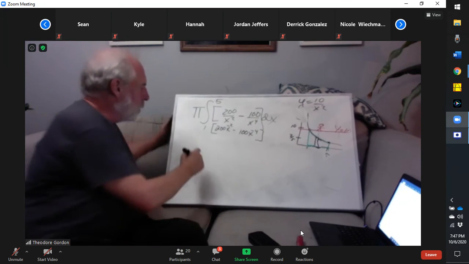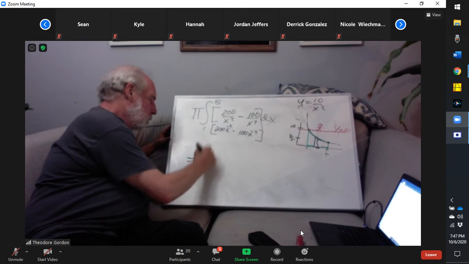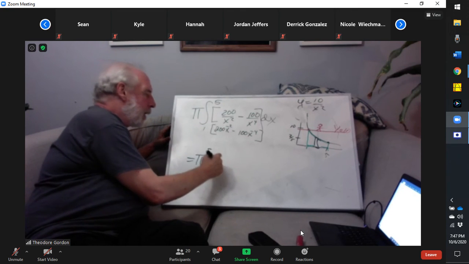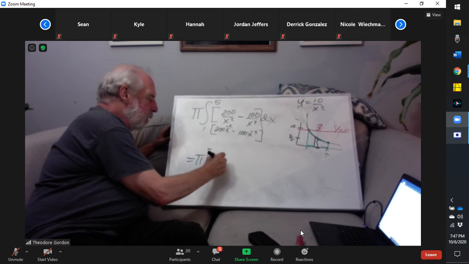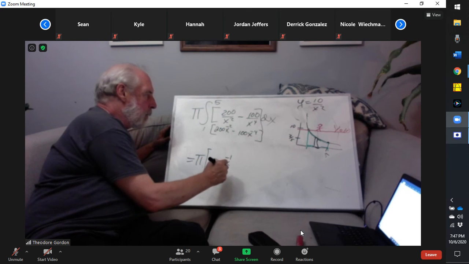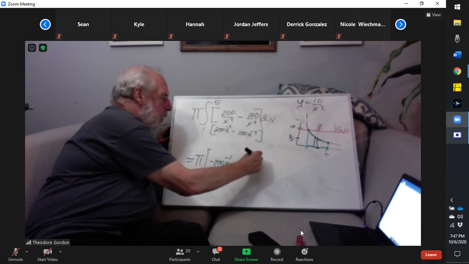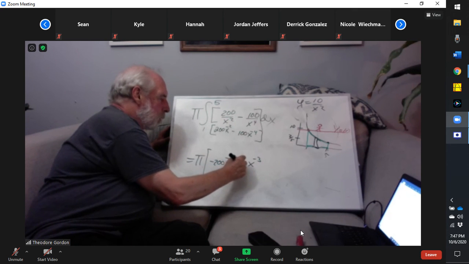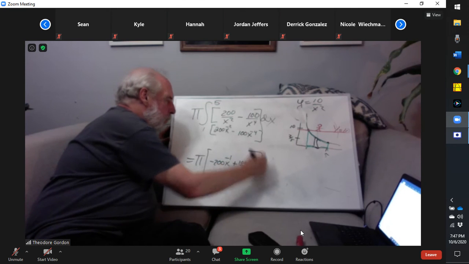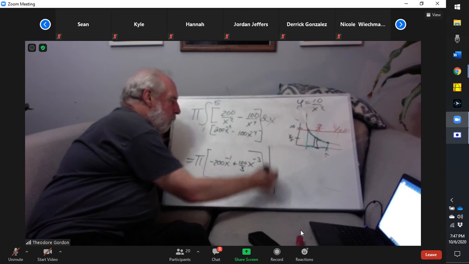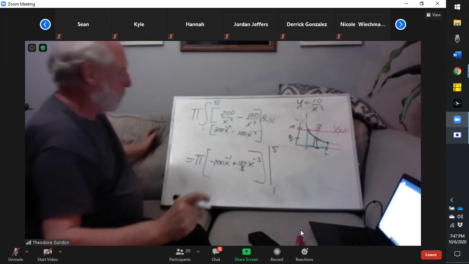Now we do the integral. Add 1 to the exponent, so we get minus 200 x to the minus 1. And over here, we get x to the minus 3 plus 100 over 3. And we're going from 1 to 5.